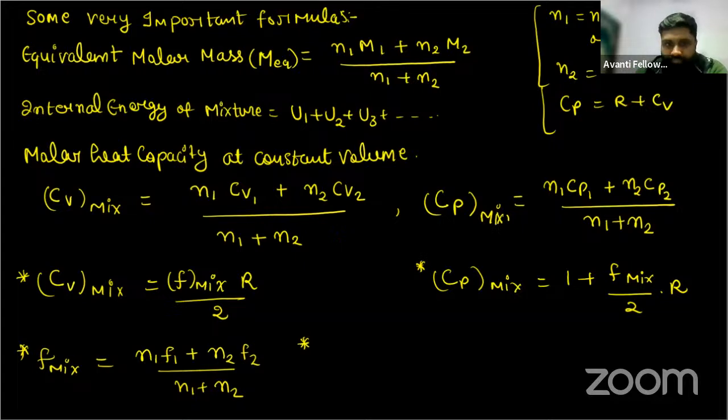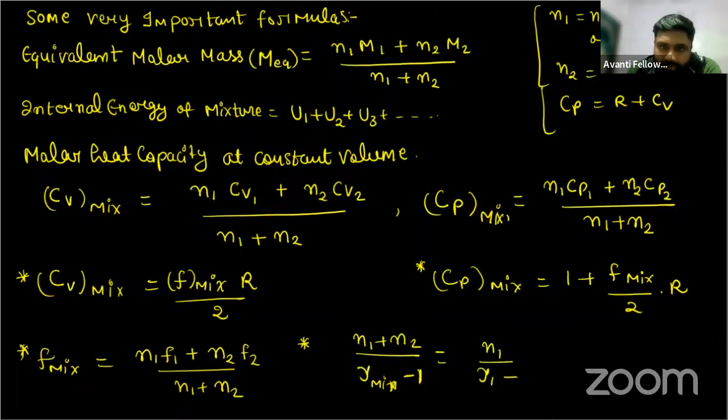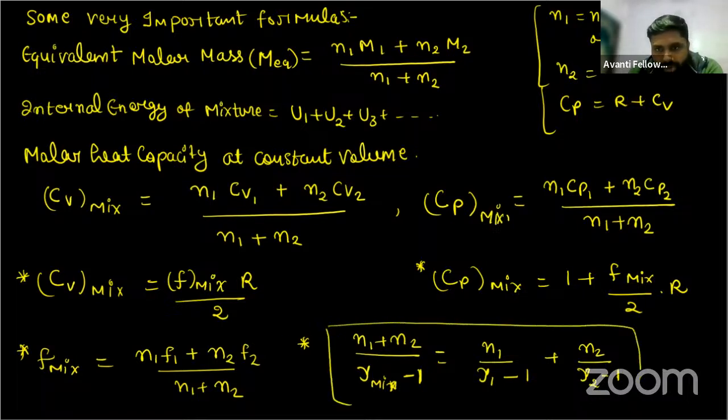But in general, the relation is: gamma of mixture minus 1 is equal to N1 upon (gamma 1 minus 1) plus N2 upon (gamma 2 minus 1). So this you can remember for gamma mixture.